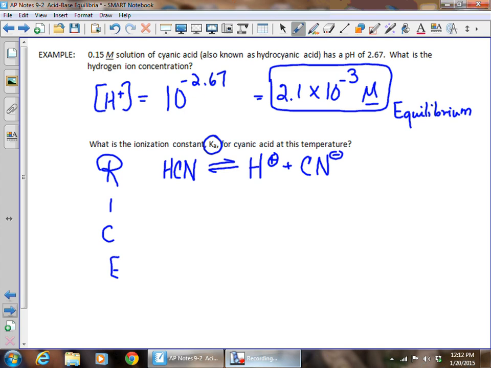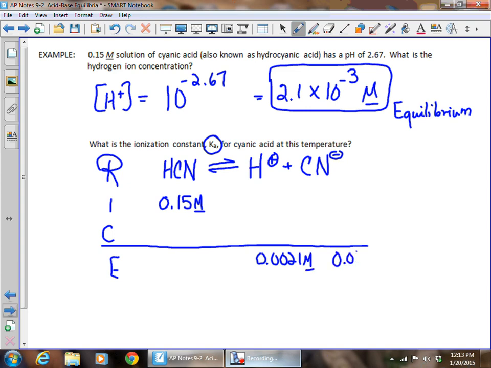It told us that this was 0.15 molar, and it told us that the hydrogen ion concentration was 2.1 times 10 to the minus third. I'm going to go ahead and write that as 0.0021 for both of these. So keep this in mind too.